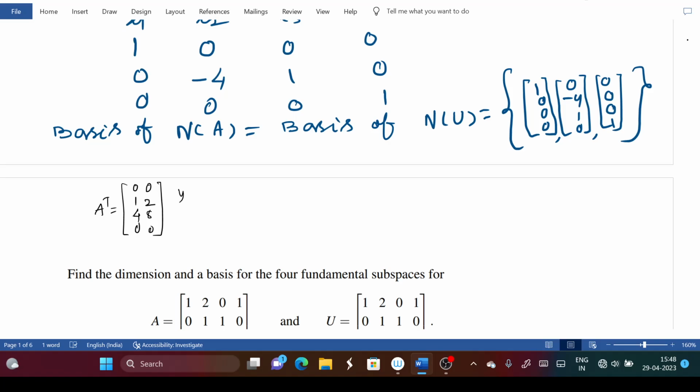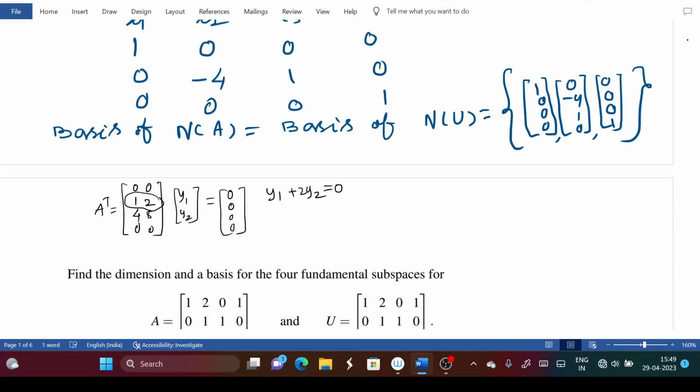Now here I will multiply y1 y2 to get 0. But how many zeros will I get? 4 zeros. This is the only equation which is representing all other equations in the matrix. So y1 plus 2y2 is equal to 0.